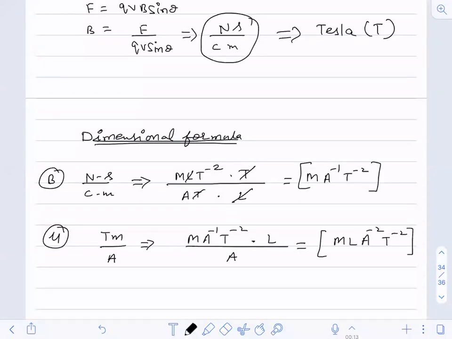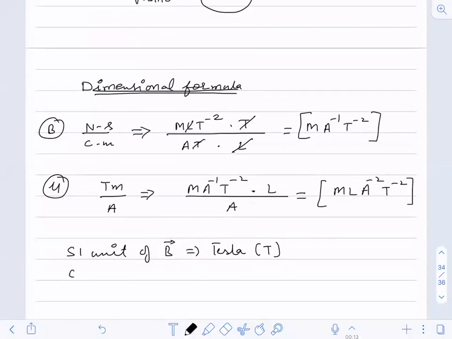The SI unit of B vector is Tesla, denoted as capital T. Sometimes you will have the CGS unit also. The CGS unit of B is Gauss.